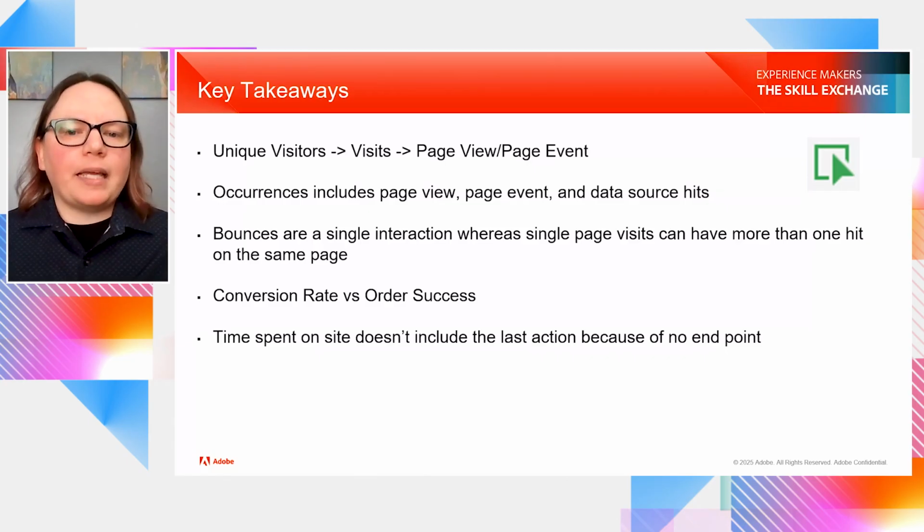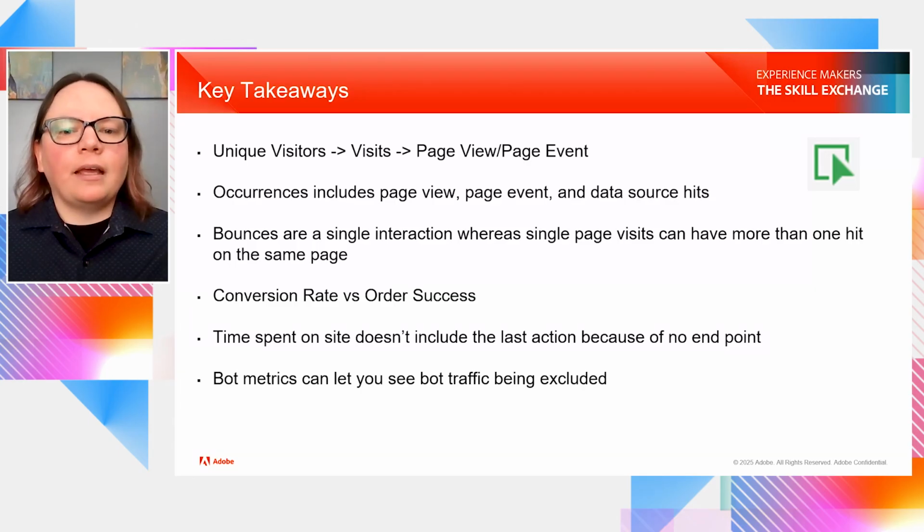For your time-based metrics, remember that the last hit of a visit isn't included in the calculation because there isn't an endpoint for that interaction. And finally, bot metrics can give you insight into traffic that has been excluded from your regular reporting. This can help you to understand what areas of your site are being targeted and how frequently.